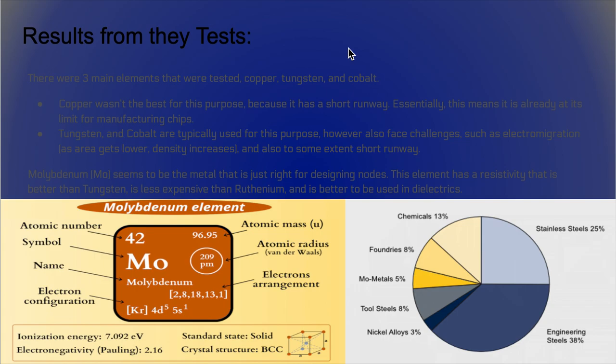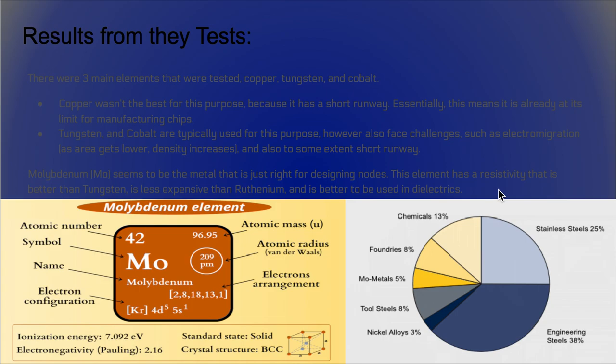And both tungsten and cobalt also, to some extent, have short runways similar to that of copper, though not as significant as copper. But the perfect element to be used is molybdenum because it seems to be just right for designing nodes. Molybdenum has resistivity that is better than that of tungsten.